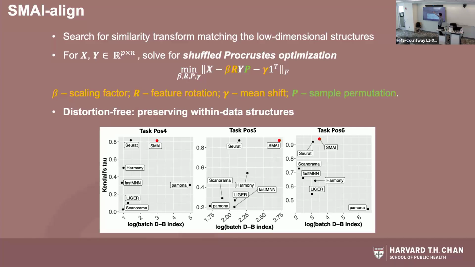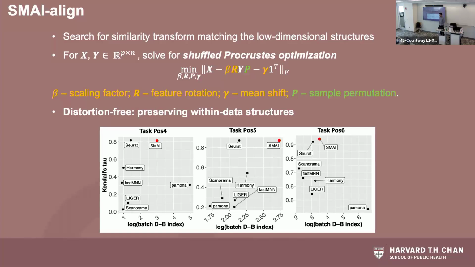Because we do not have a previously existing correspondence between the cells across different data sets, unlike the traditional Procrustes analysis where we don't have this P, here we really have this sample permutation or sample linear transformation so that you can make connections between different cells across data sets to account for this unknown correspondence.